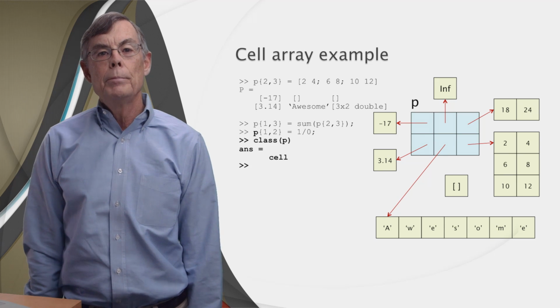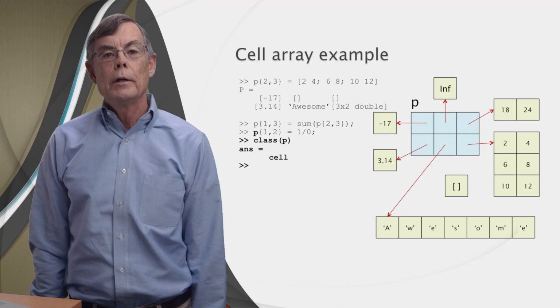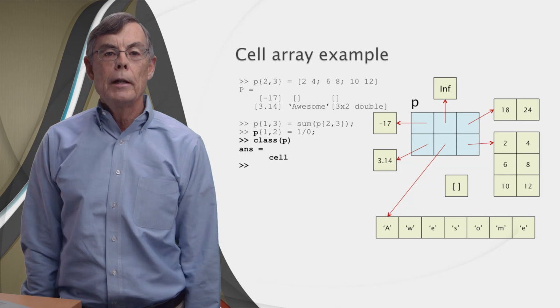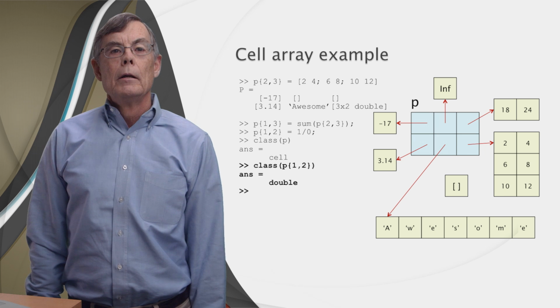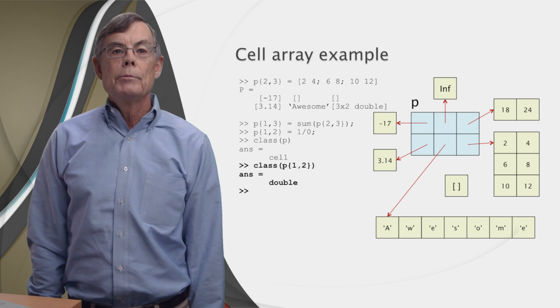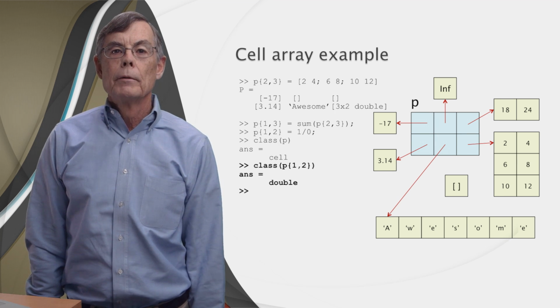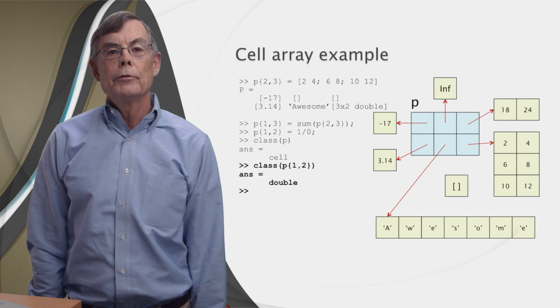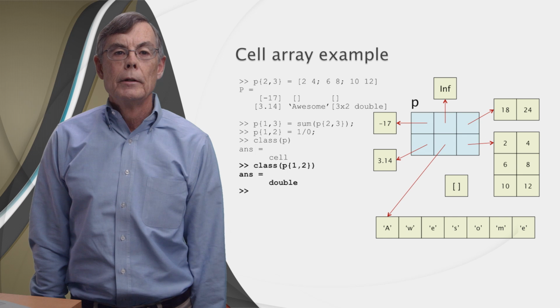And what is the type of P's elements? Well, we can call the class function to answer that question, and the answer is cell, as expected. But if we use braces to retrieve the object pointed at by one of P's elements, in this case element 1, 2, then the class function tells us the type of that retrieved object.